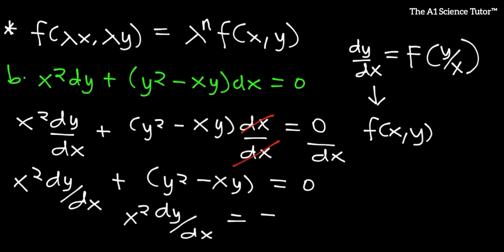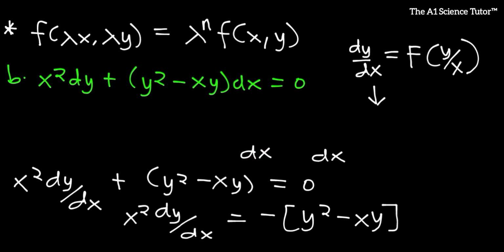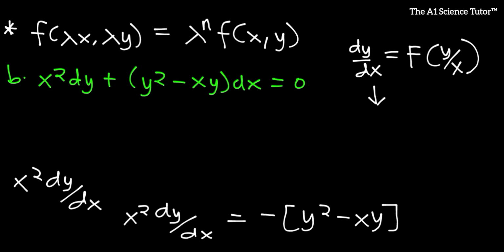And on the right, we're going to have minus y squared minus xy. So I just need to rewrite this. This is the same thing as f of x comma y.